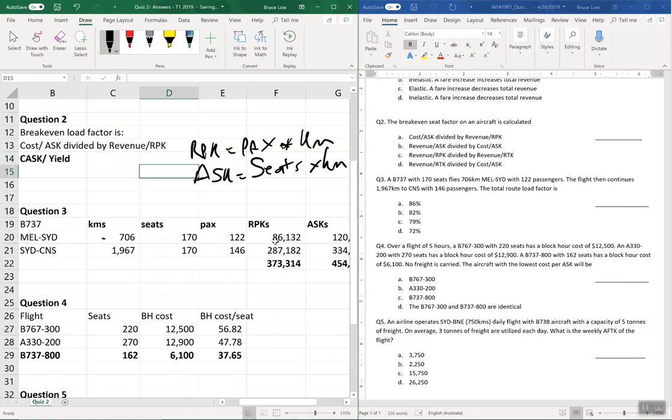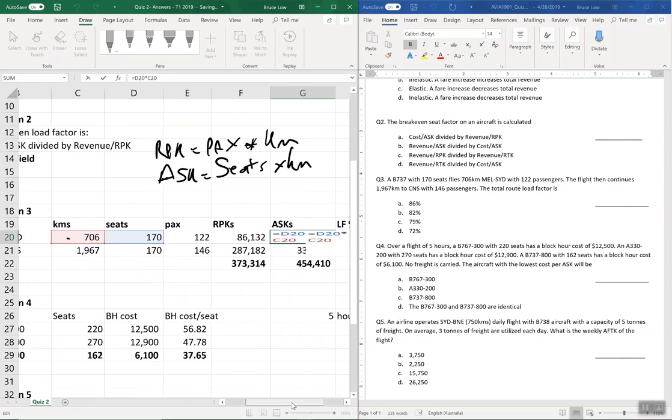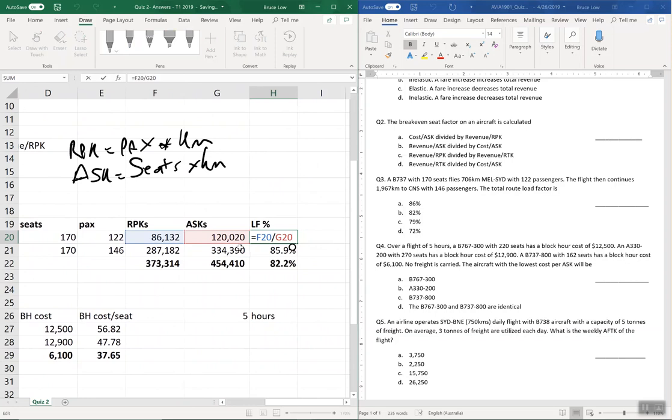So RPKs, pax times kilometres for Melbourne, Sydney, RPKs, pax times kilometres for Sydney, Cairns, and our ASKs are seats times kilometres, and seats times kilometres, and then our load factor is RPKs divided by ASKs.